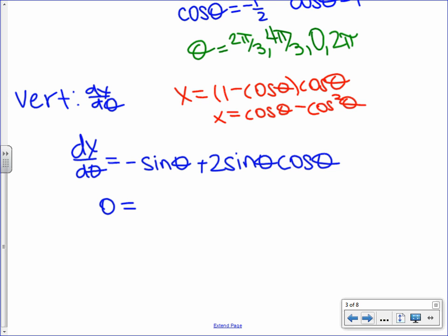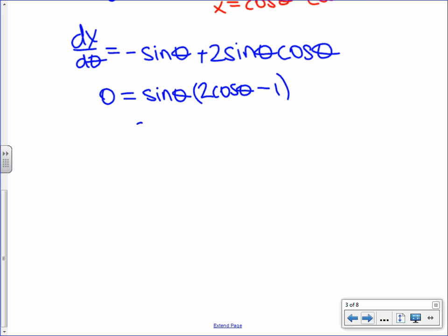So, factor out a sine. Left over, I'm going to write it as 2 cosine of theta minus 1. Does anybody have a problem with that? So we're looking for when the sine of theta is equal to 0, or when 2 cosine of theta minus 1 equals 0.